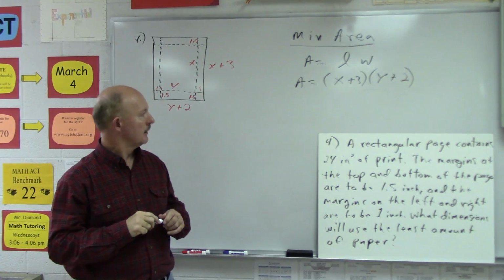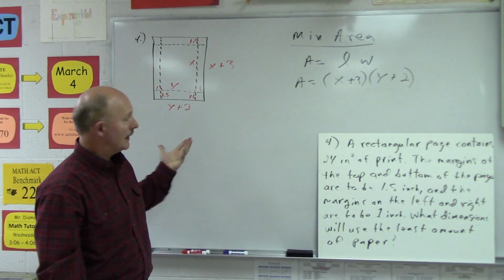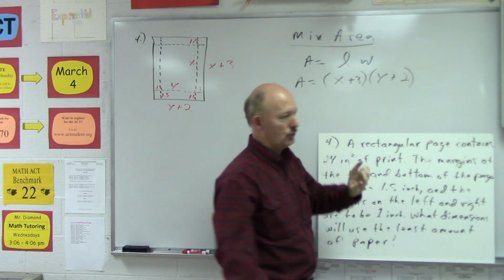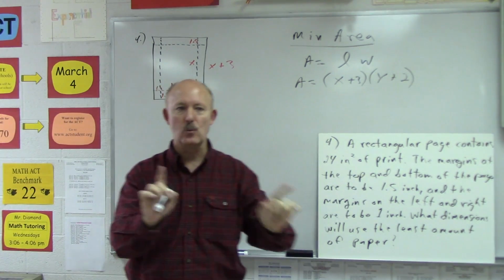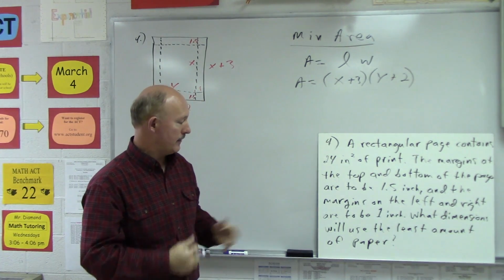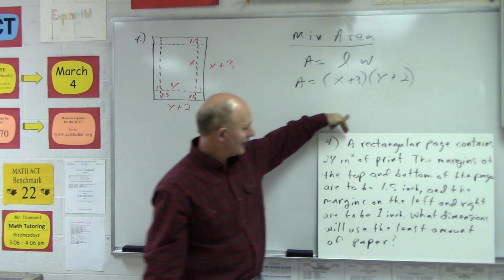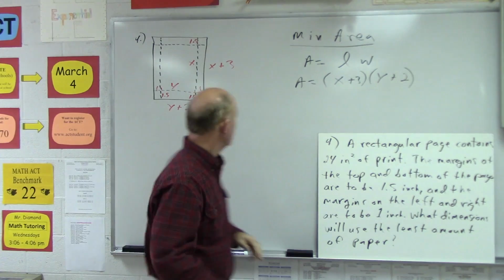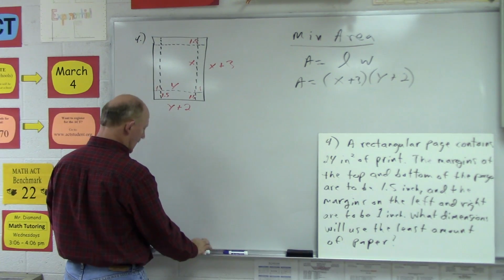Now, looking at our area, you've got x plus 3 and y plus 2. You've got two different variables there, x and y. We need to see if we can eliminate one of those. If you notice in our problem, the rectangular page contains 24 square inches of print. That would be the center area here, wouldn't it?